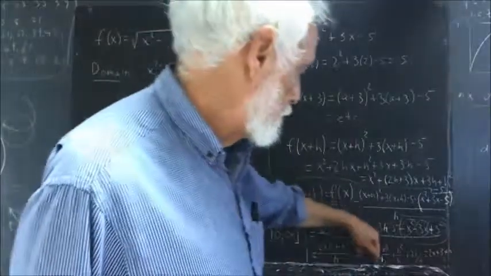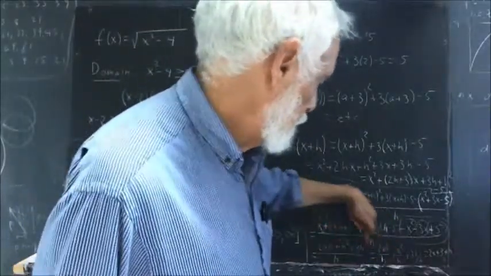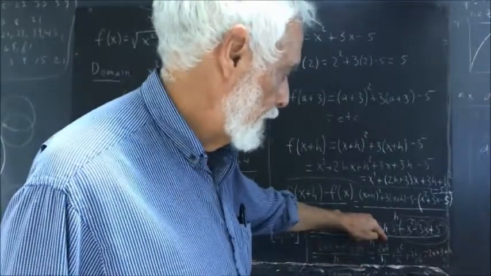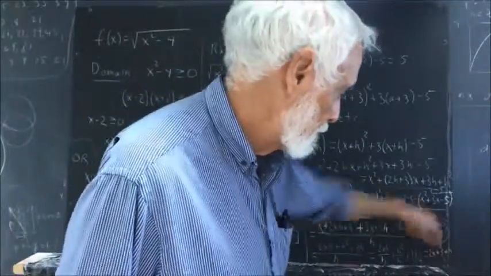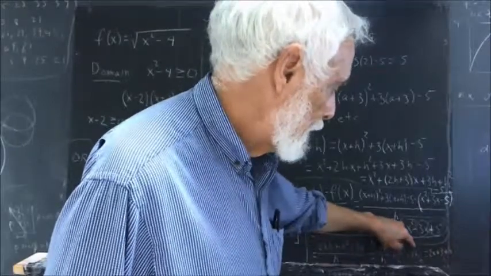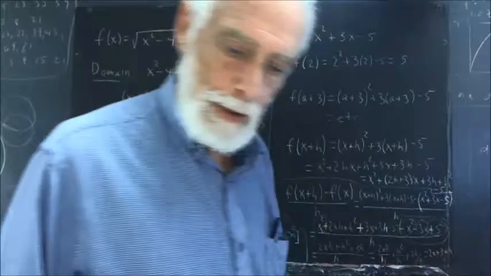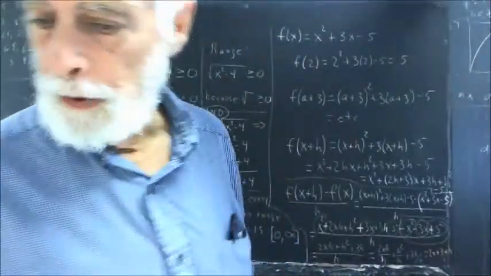So we get 2xh over h, h squared over h, 3h over h. Well, h goes into 2xh, giving us 2x. H goes into 3h, leaving us 3, and then we have a plus h.